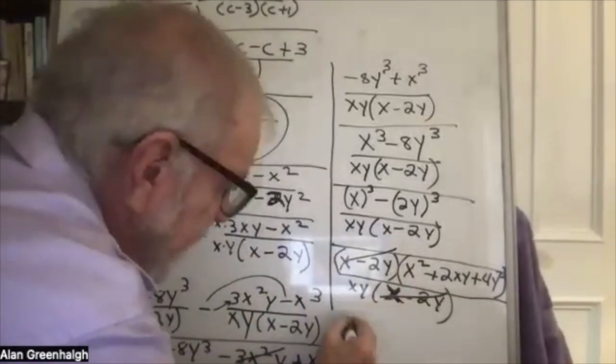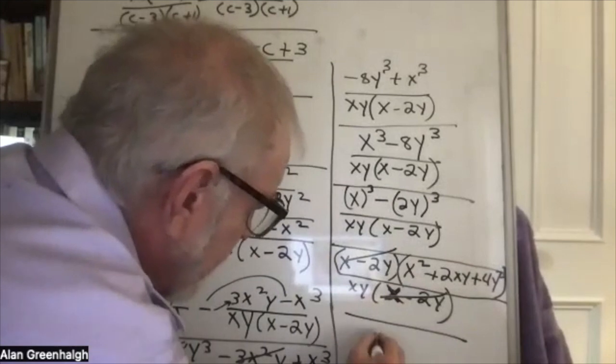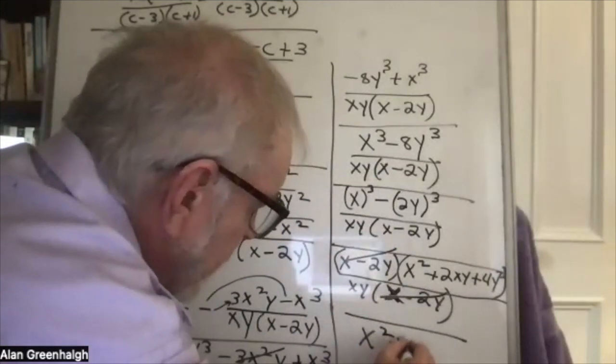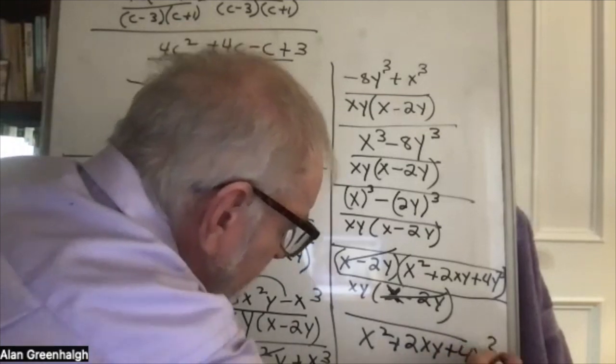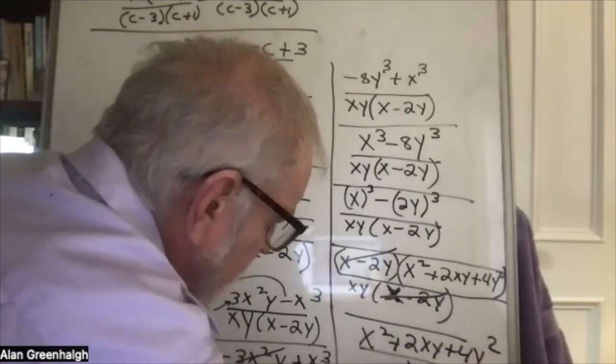That cancels out, and the answer to this problem is x squared plus 2xy plus 4y squared over xy.